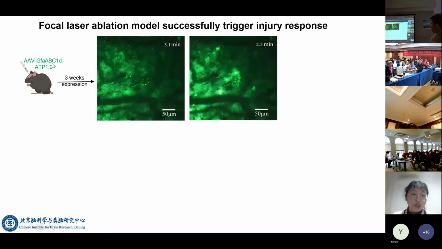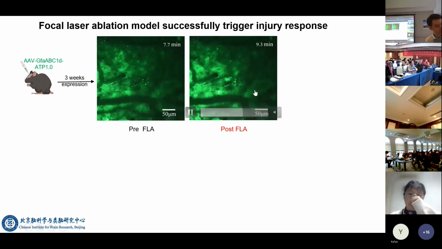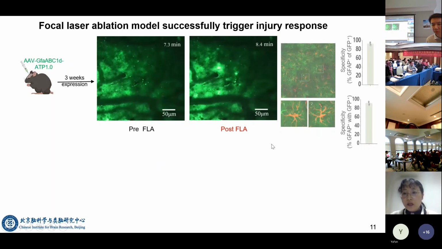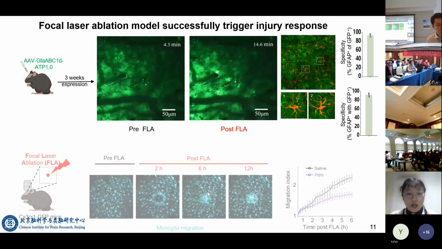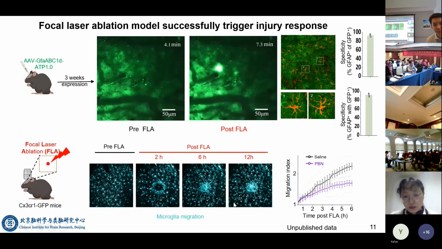So we injected the sensor into mice, and we found differences between pre-FLA and post-FLA stimulation by two-photon imaging. We also did colocalization with GFAP, and the sensor overlaps over 90% with GFAP. This is our data showing the microglia's migration and activated microglia.